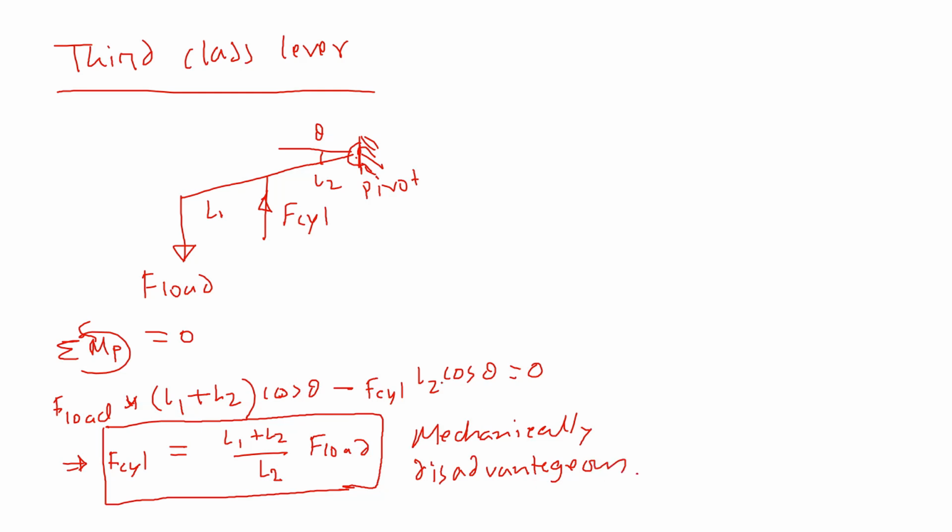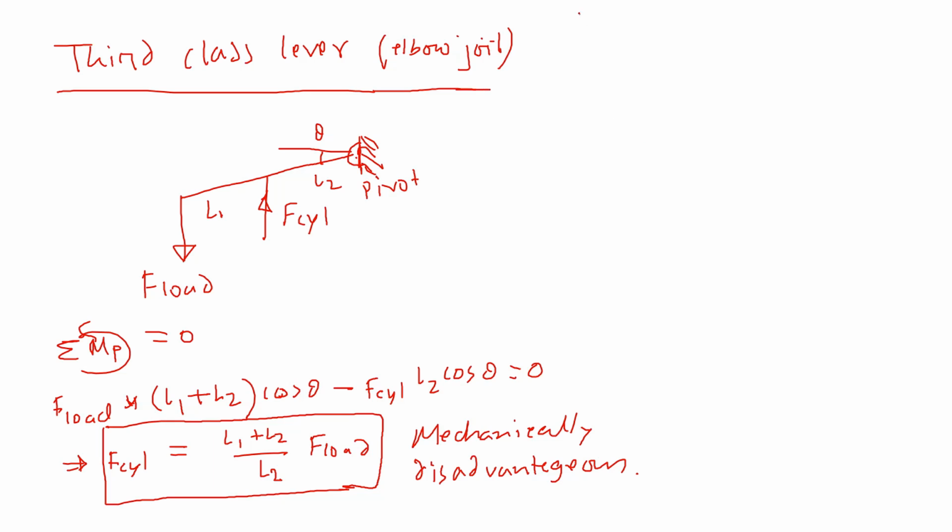Now, you may be asking, why do we use that? It depends. We sometimes need a disadvantaged cylinder. Think about our elbow. The elbow joint is basically a third class lever, which is not as strong, because if it's too strong, then a lot of times we're going to break our bones because of this.